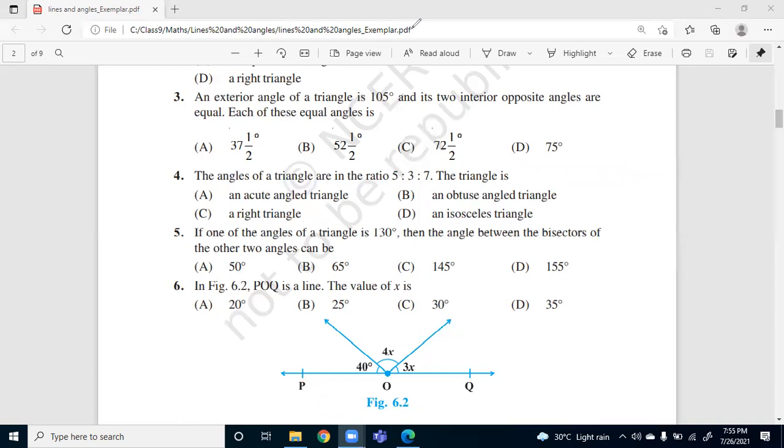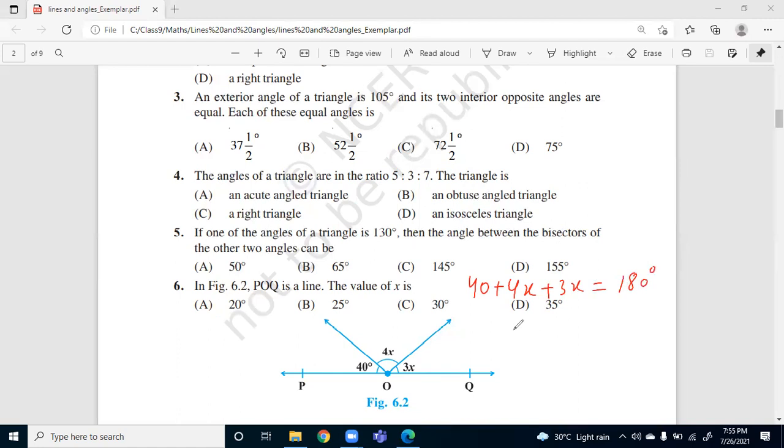Yes, ma'am. Ma'am, I used the angle property in this: 40 plus 4x plus 3x equals 180 degrees. So you can say the sum of all angles on a straight line. Yes, correct. 40 plus 4x plus 3x is equal to 180 degrees.